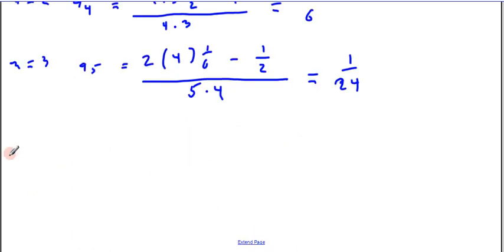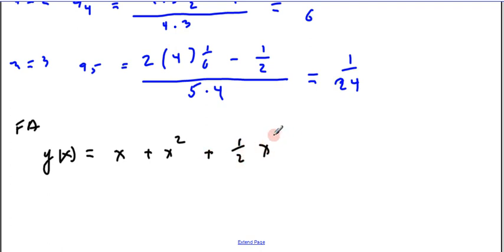So when I get done, I have that for a final answer. Final answer, y of x is going to be x. First of all, there's no a0, so that's 0. So I've got x plus x squared plus 1/2 x cubed plus 1/6 x to the 4th plus 1/24 x to the 5th. And we're going to want to check our work.